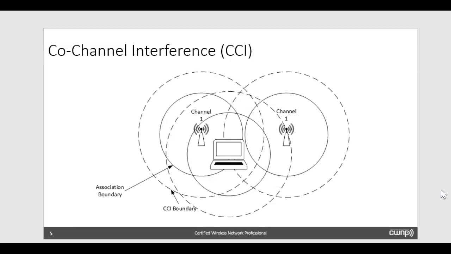So, just co-channel interference. What you're seeing here is an example of co-channel interference where I've got 2 access points and 1 computer, and they're both on channel 1.